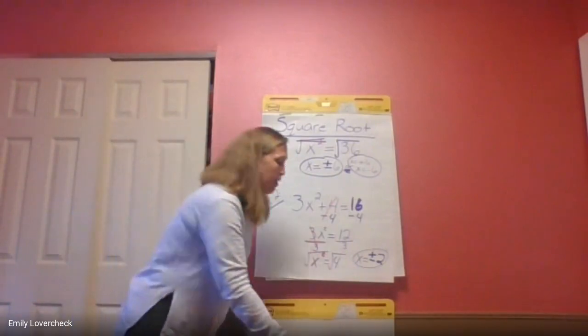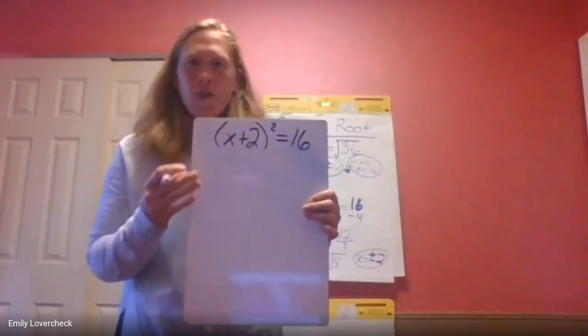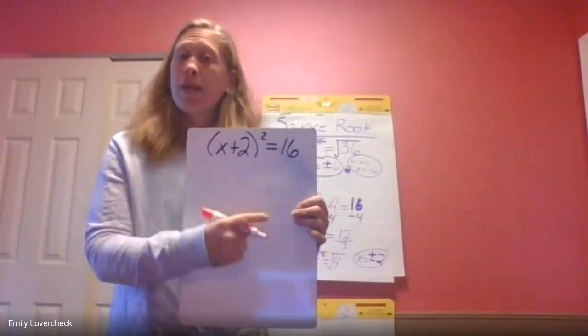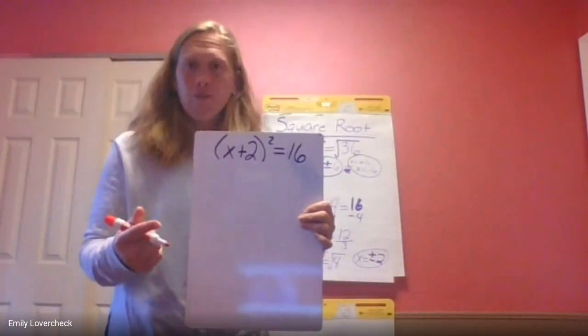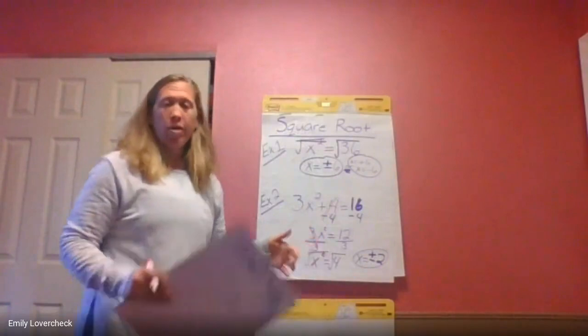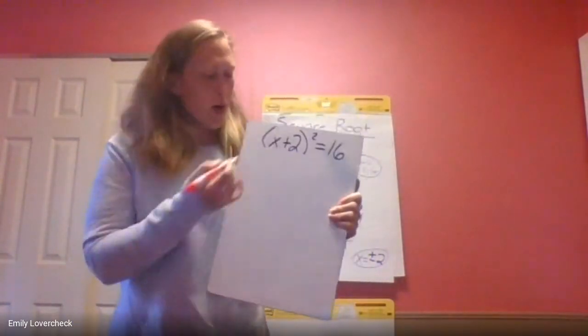So let's talk about 2 types of problems you're going to see on your worksheet. The last couple problems look like this: x plus 2 squared equals 16. As you notice, the whole binomial is squared. Different than here, where just the x's were squared. So how do we handle this? Before I can do anything, I need to get rid of that squared sign.